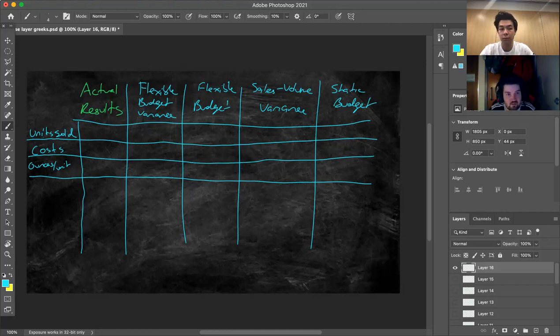Was that say again on the third one? This one right here. Third row, ounces per unit. Ounces per unit.